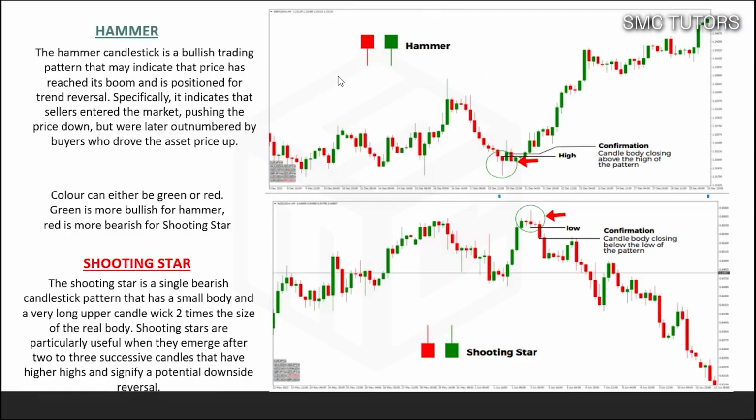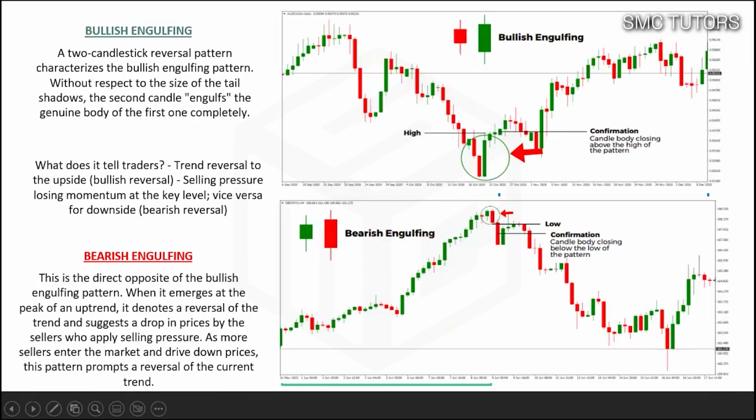The next pattern on the list is bullish engulfing and bearish engulfing. Bullish engulfing pattern has two candlesticks forming the pattern. A smaller bearish candle, the first candle, followed by a large bodied green candle, a bullish candle, totally covering the body of the previous bearish candle.